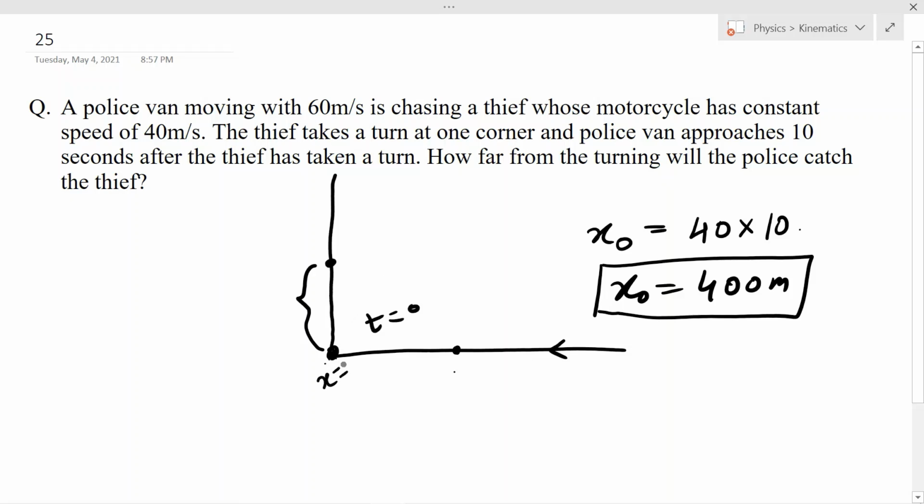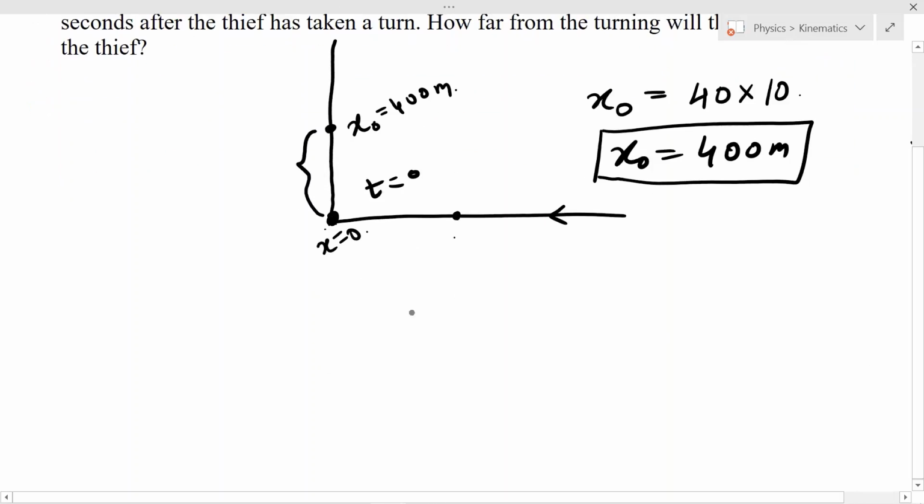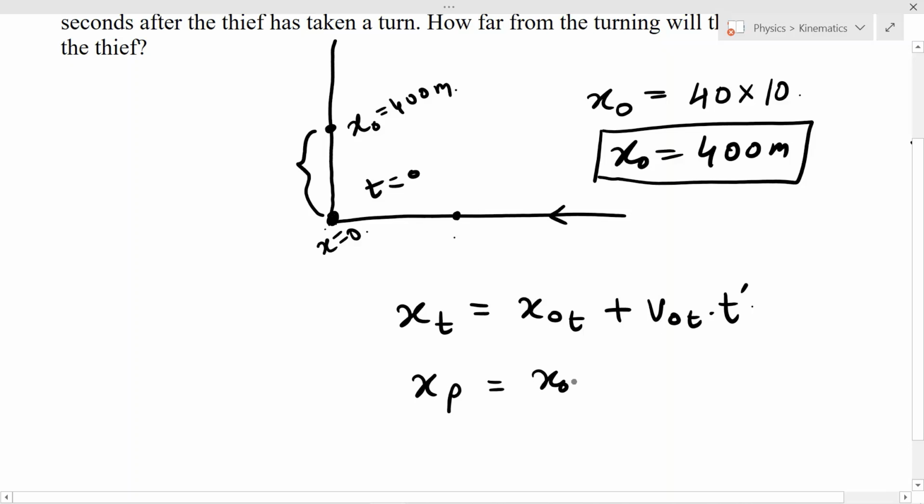This is, suppose, x equals 0, and this is x0, which is 400 meter. So let me write these equations for police and thief. So xt is for thief. Let's say this is x0t plus v0t times this time t, this is t dash suppose. And for police again, this is x0p plus vt, this is vp times t dash.